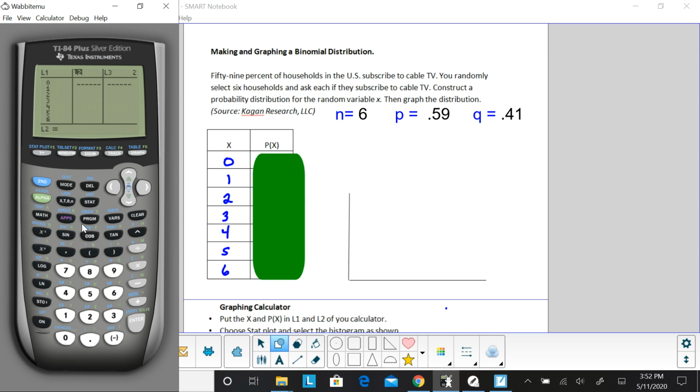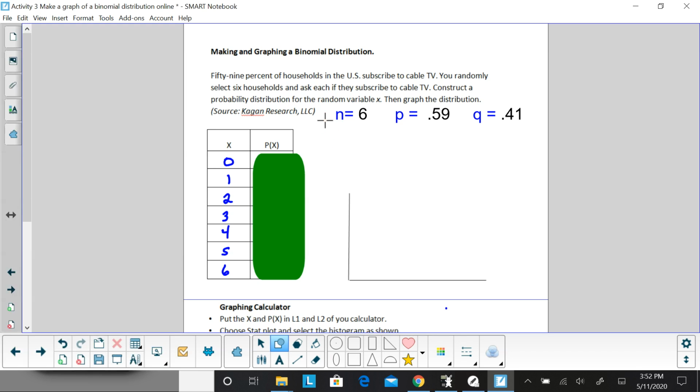So let me just quickly write down the formula that we're going to be using. We're going to be taking the combination of n, x, p to the x, and q to the n minus x.